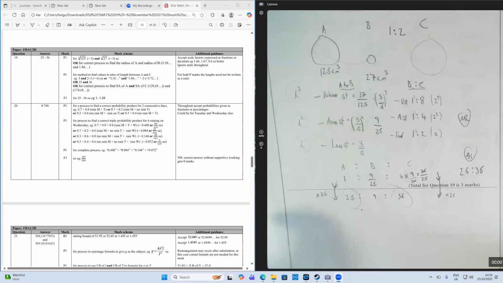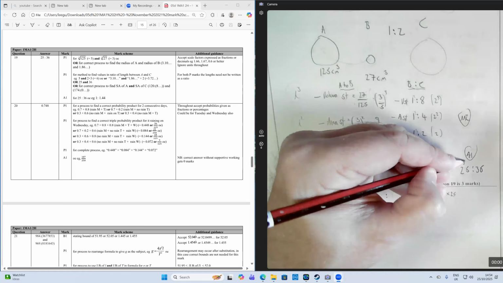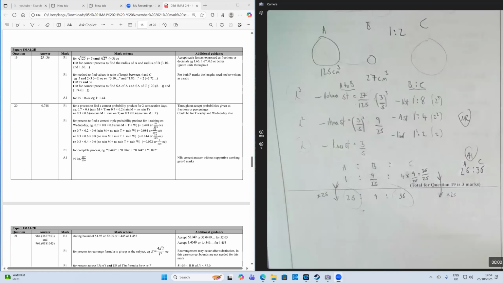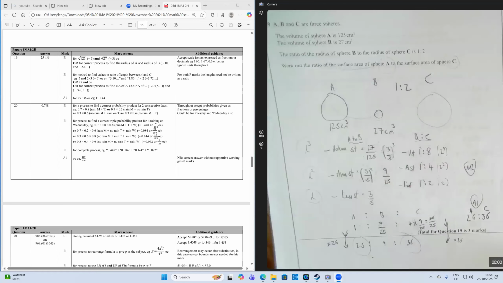The question is asking for the surface area ratio that connects A and C. If we multiply all three parts of our ratio by 25, that gives us 25 to 9 to 36. So the ratio of A to C is 25 to 36. And that's how we would do question 19.